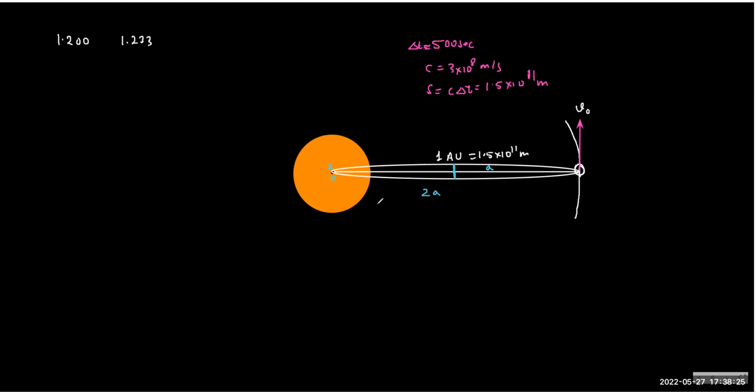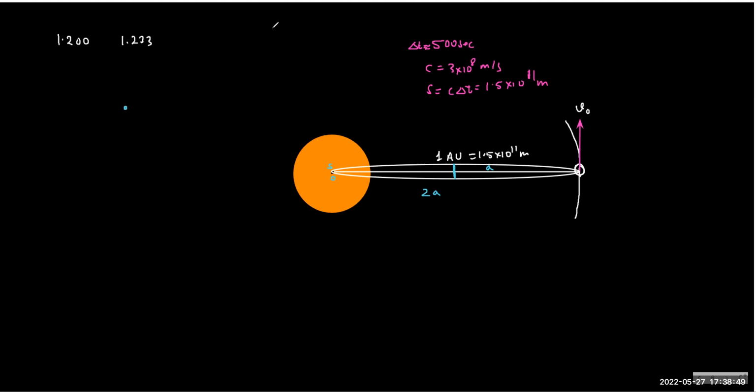Anyway, the way to understand is that for any elliptical motion, this journey we can treat as half an ellipse traveling towards the sun, right? Yes, sir. And compared to the distance between the earth and the sun, we can treat the sun as a point mass.